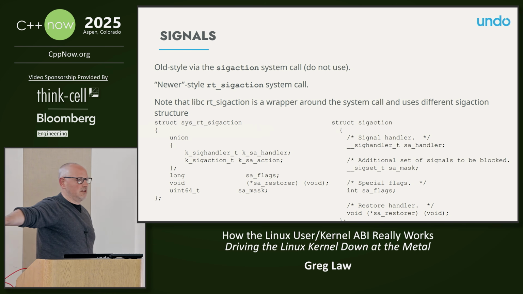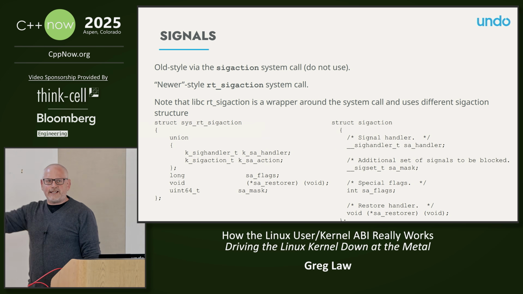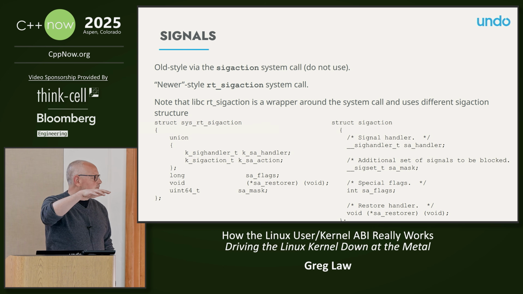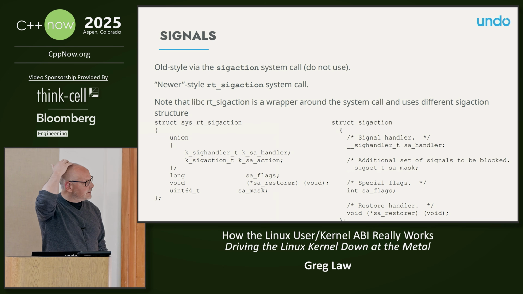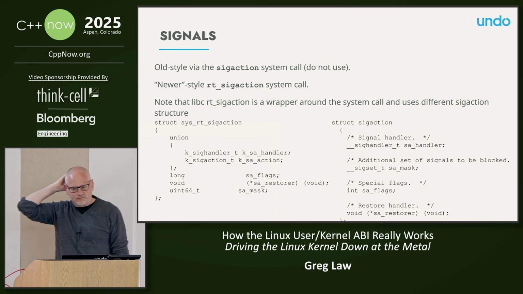There are thousands of system calls. No one knows what they all do, including anybody at Microsoft. And they change, right? There's no stable ABI. So I've come to the conclusion that the Linux kernel has the worst ABI of all operating systems, apart from all the others.